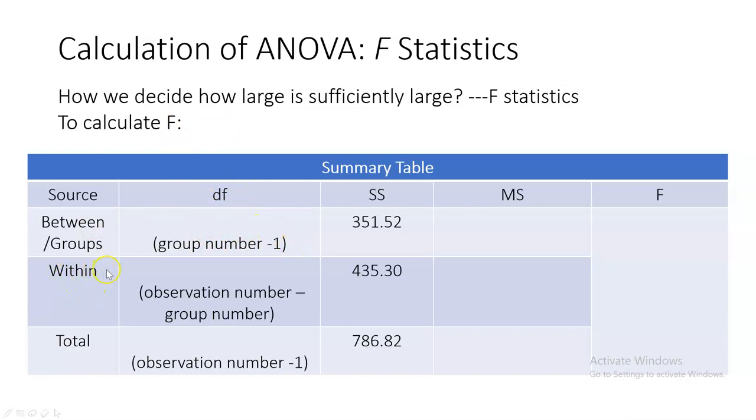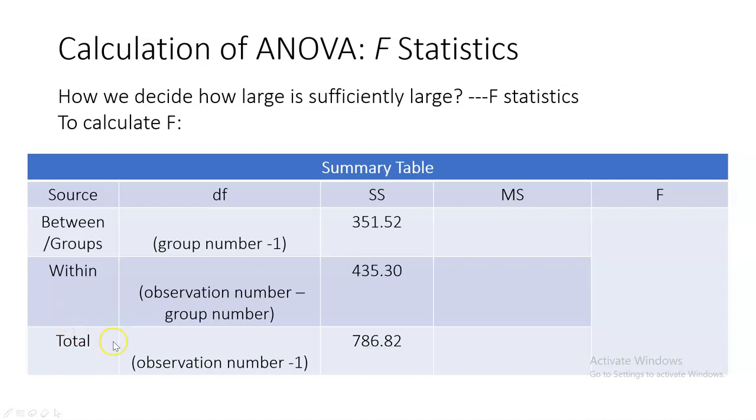And for within, remember these variances capture the distance of each individual from their group mean. So the degree of freedom is the total observation number minus the group number. In our case, we have 50 participants in total, and we have 5 groups here. So the degree of freedom is 50 minus 5, which gives us 45.